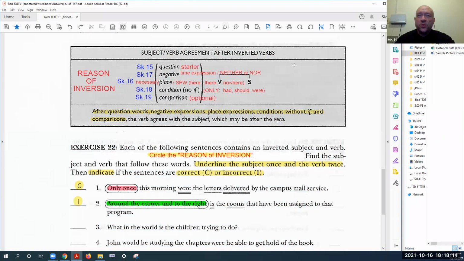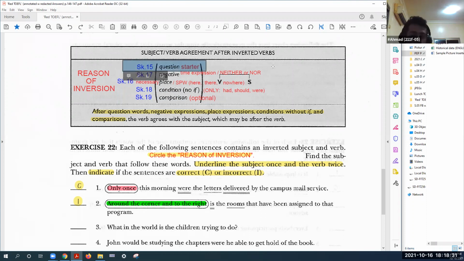So this is why I said we have to understand the 5 skills before we can do skill 22. You've got skill 15. What is skill 15, Ahmed? Skill 15, question starter. So we invert after a question starter.